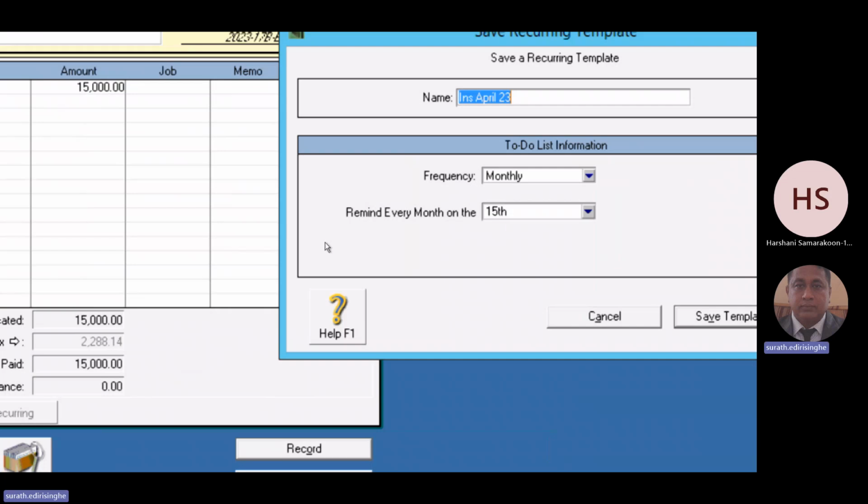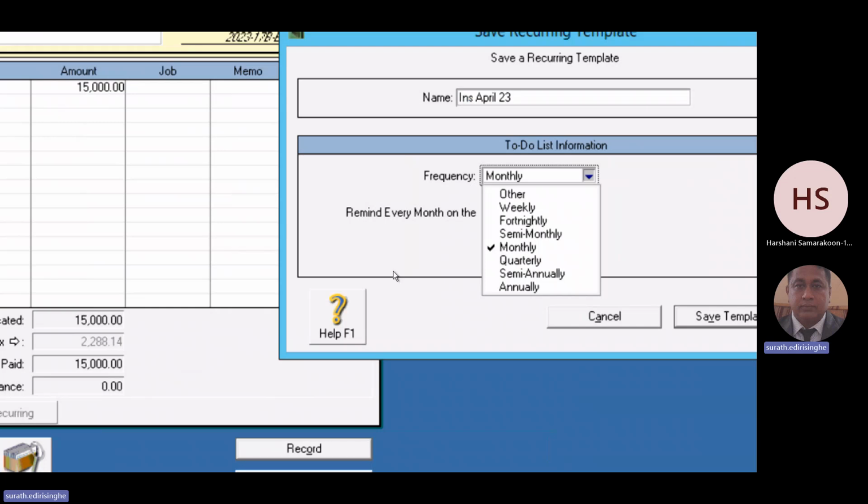Look at the name, insurance, April 23. Frequency, you can change the frequency from here. Weekly payment, four weekly, semi-monthly, monthly, quarterly, semi-annually, annual, like this.